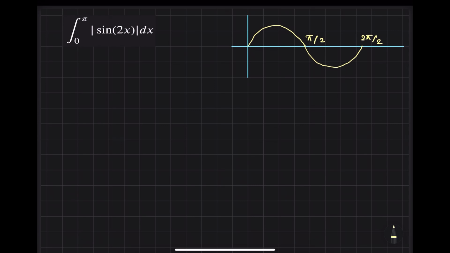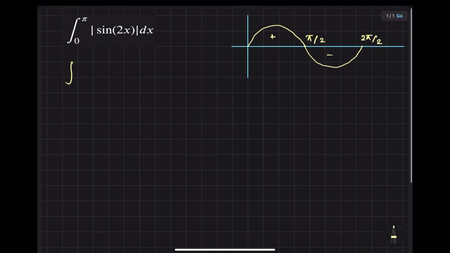So from 0 to pi by 2, the function will open with a positive sign as it is positive. From pi by 2 to pi, the function is negative, so it will multiply itself with minus and then it will open. So we can write this question in two parts.